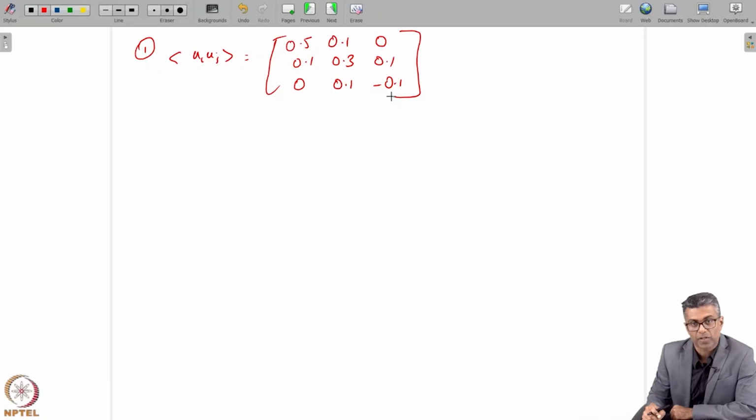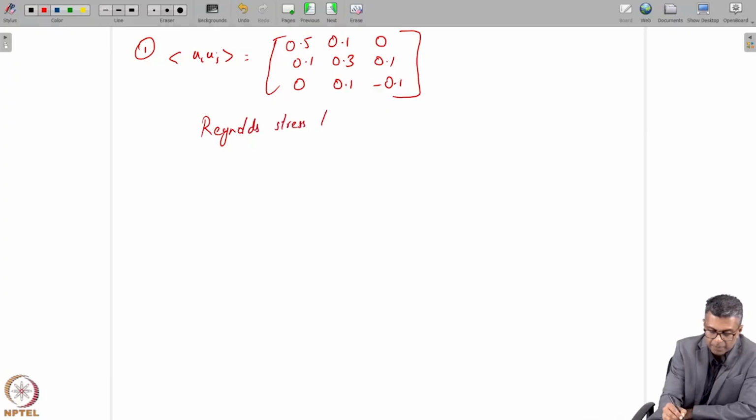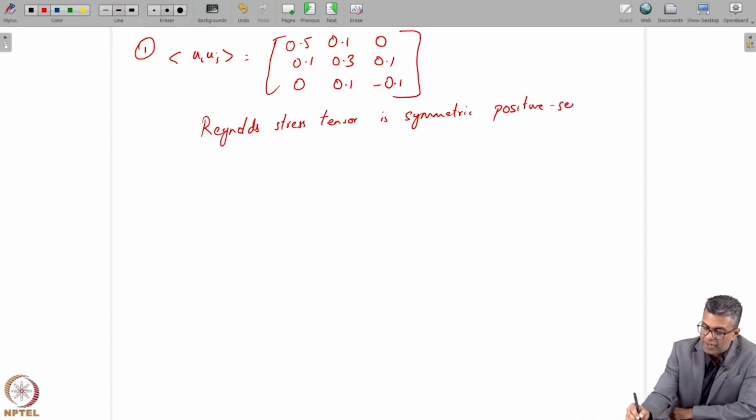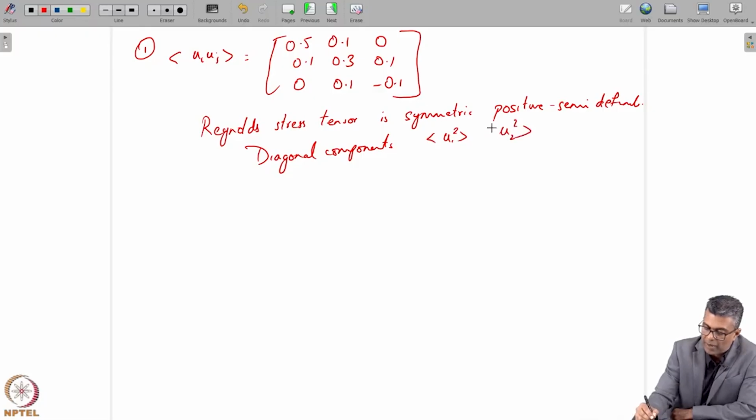Something is wrong in the way the Reynolds stress is given here. What could it be? So, the Reynolds stress tensor is, obviously, going to be symmetric and it is going to be positive semi-definite, which means the diagonal components, u1 squared average, u2 squared average and u3 squared average, have to be all greater than 0.